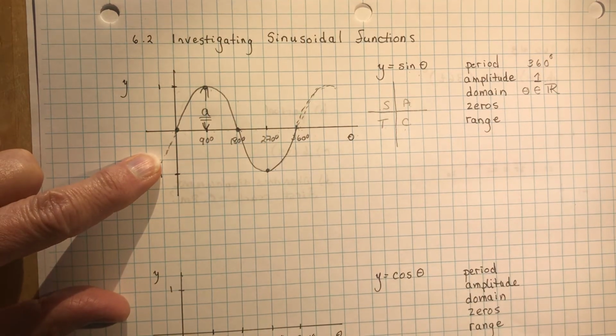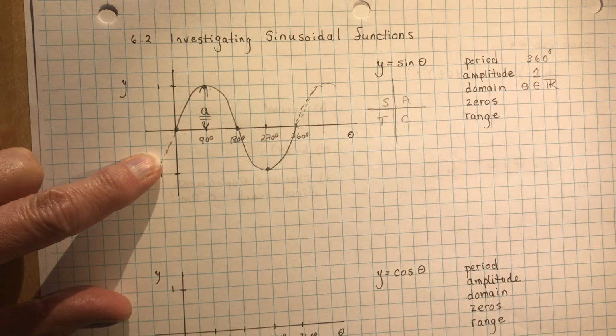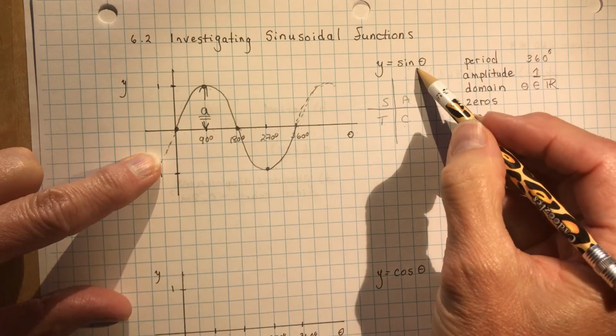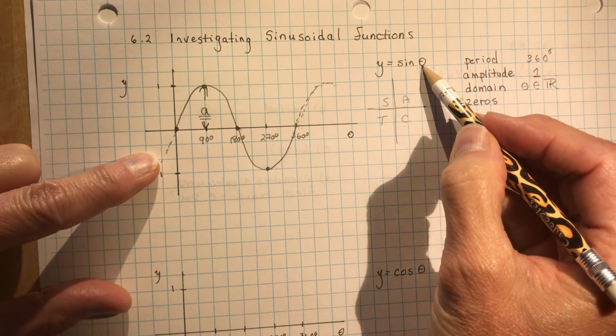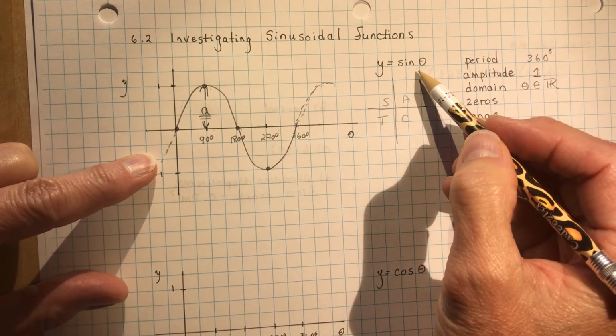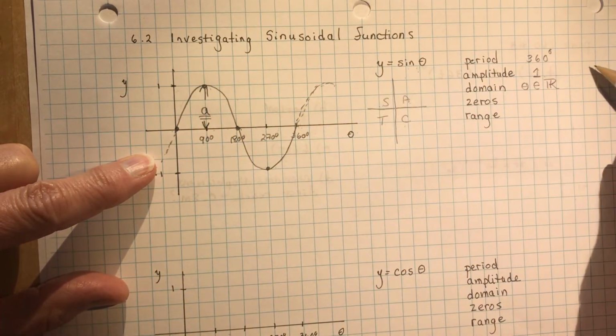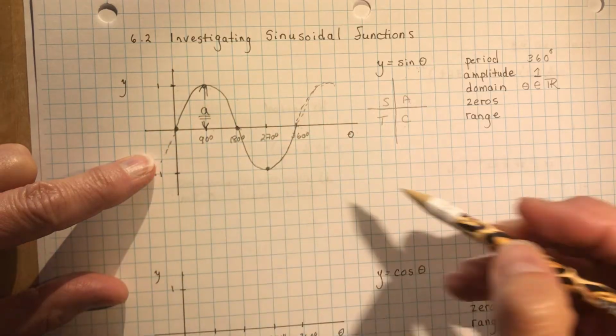Why is it real numbers? Because we can put in any value for theta here, and we can get all sorts of values. I could ask you what's the sine of 100 million, and basically you could find it. Because this is continuous, it goes on and on and on, it doesn't stop.